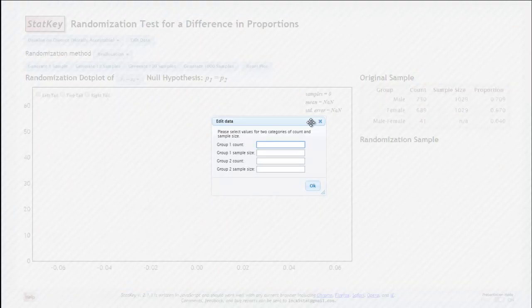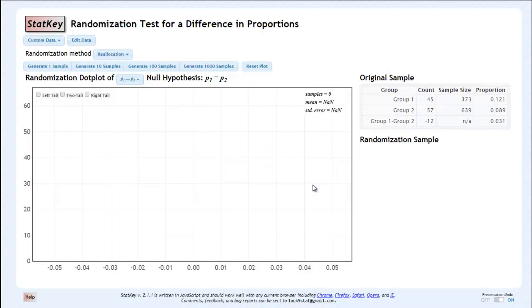There were 373 degree holders, so that's group 1 size, and of those, 45 responded with the correct answer. Out of the 639 non-degree holders, 57 responded with the correct answer. Once I enter those 4 count data numbers, that's all I need to do this problem.